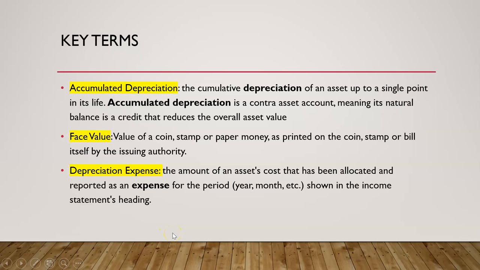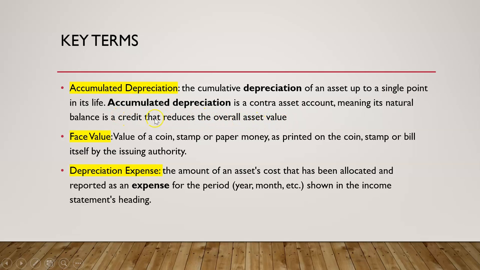Now, before I move further ahead, we need to know some of the key terms here. What is accumulated depreciation? Accumulated depreciation is the cumulative depreciation of an asset up to a single point in its life. It is a contra asset account, meaning its natural balance is a credit that reduces the overall asset value.